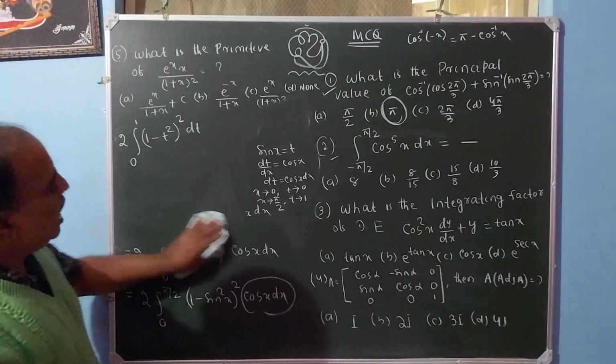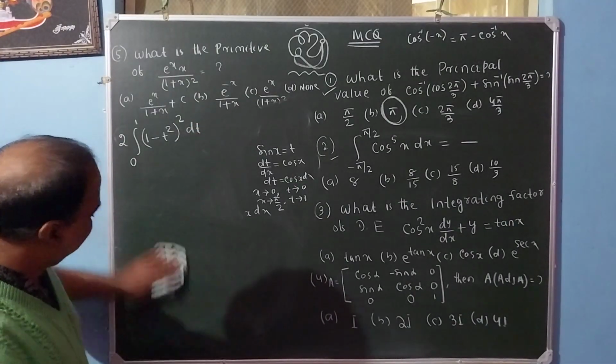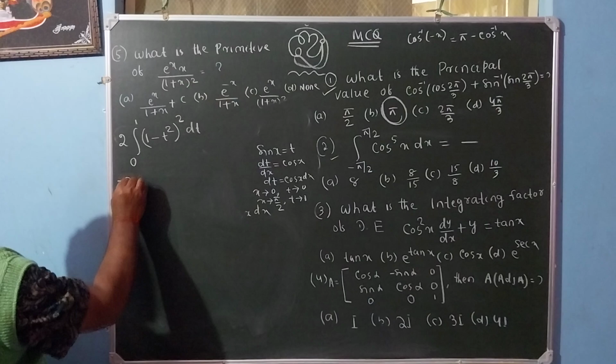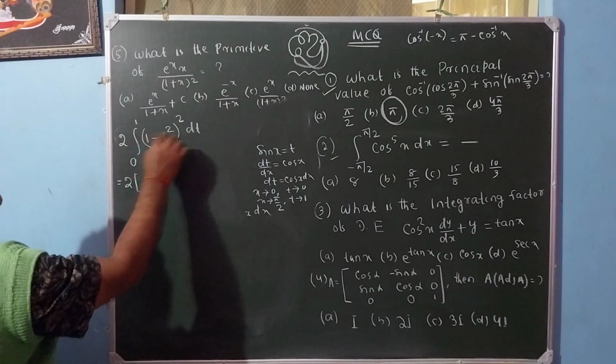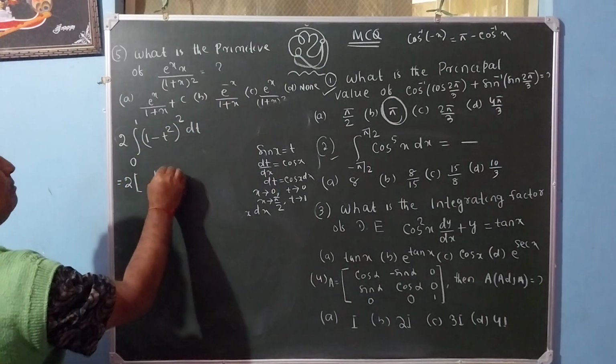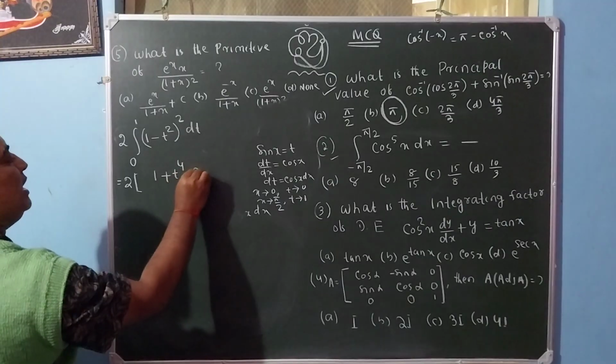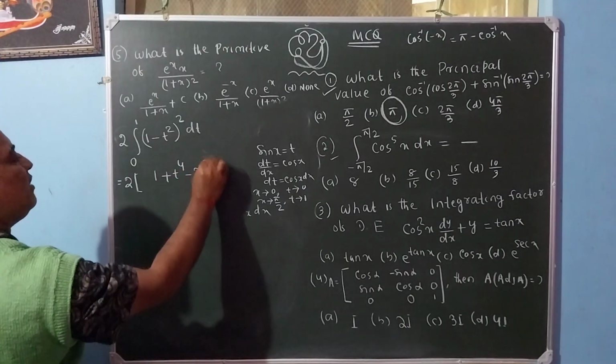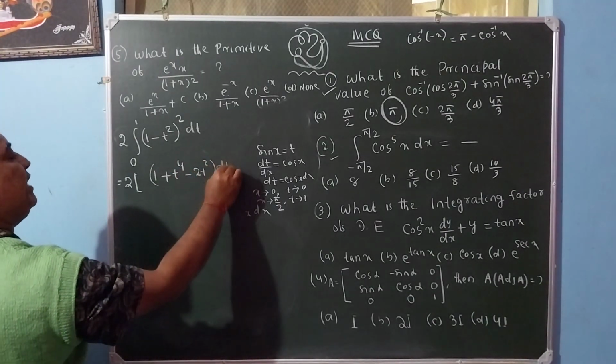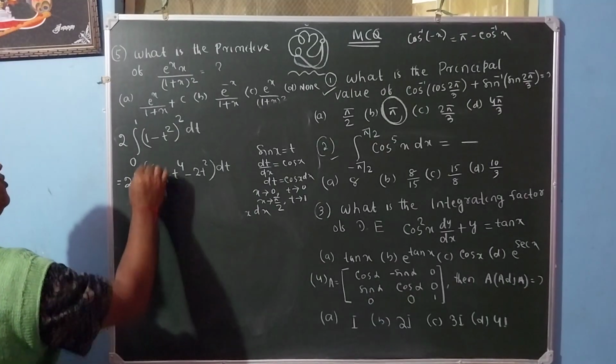Now using a minus b whole square, that is a square plus b square minus 2ab, we get 2 times the integral from 0 to 1 of (1 plus t to the power 4 minus 2t square) dt.